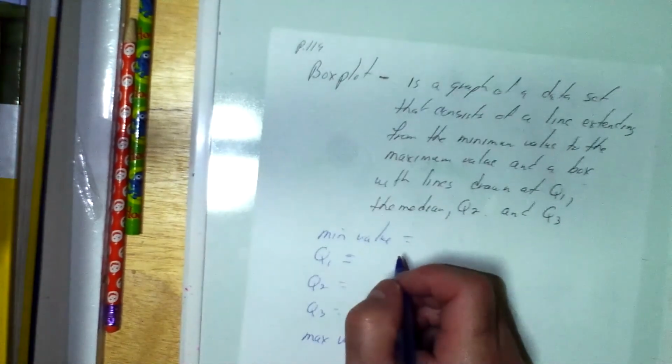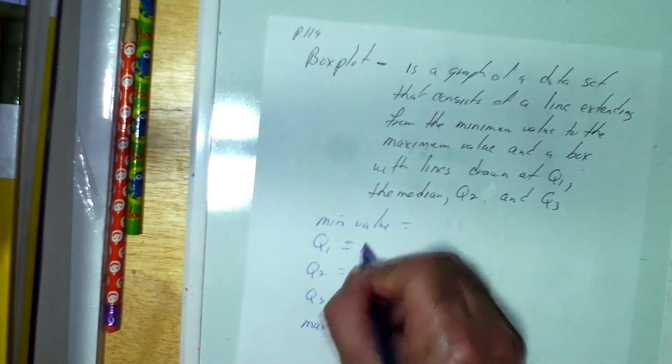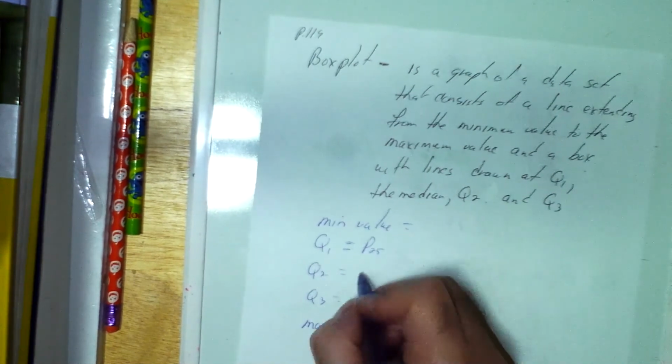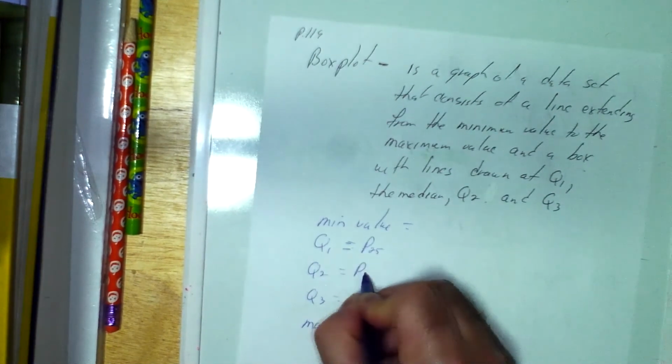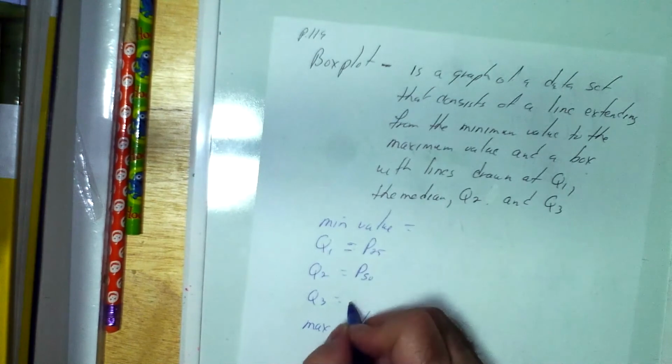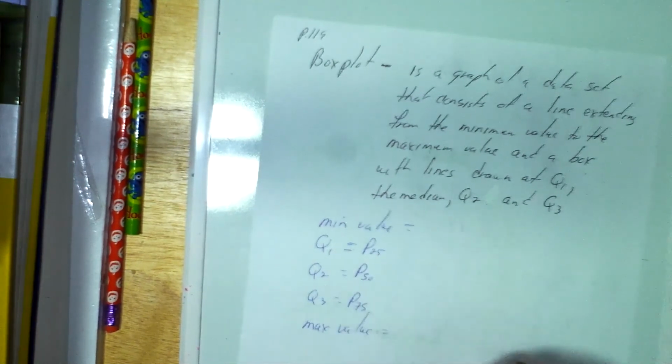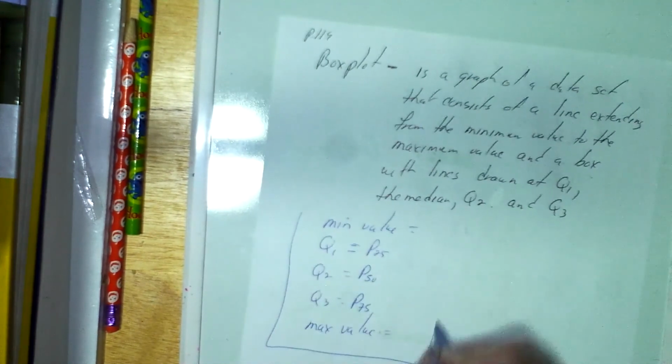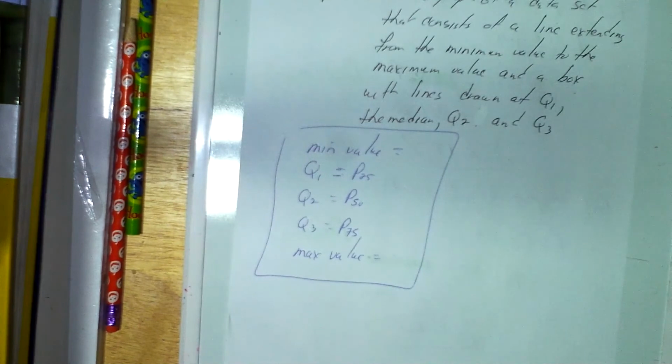And as you recall, what was Q1? Q1 was P25. Q2 was P50. And Q3 is P75. So you need to find those 5 things, and then you draw a box plot.